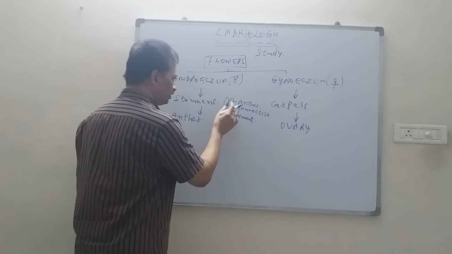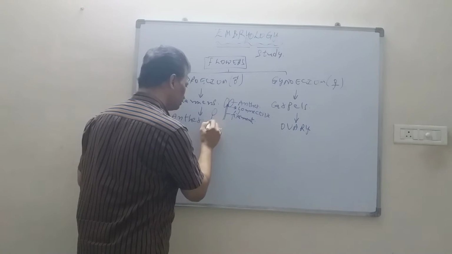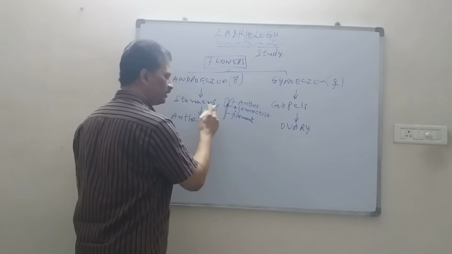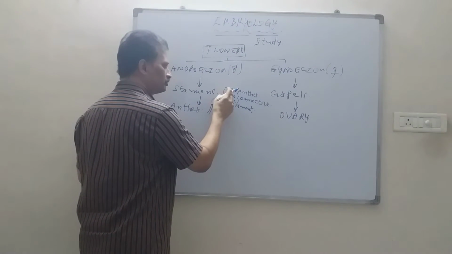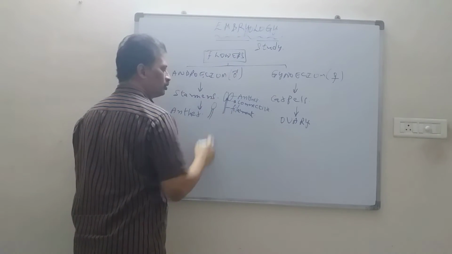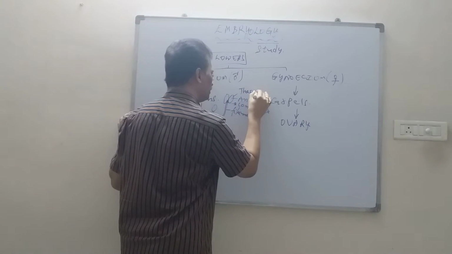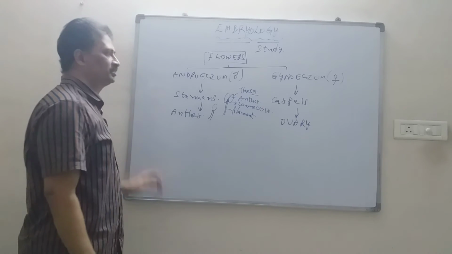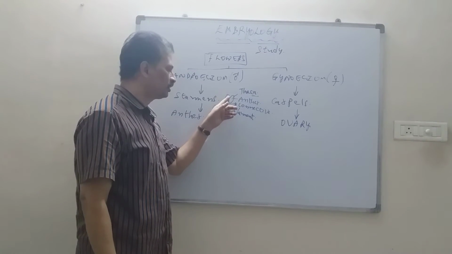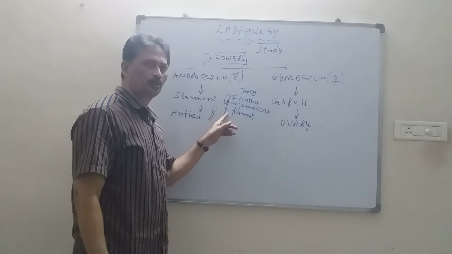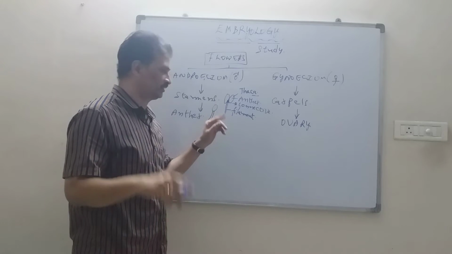If you observe the stamens, they appear like this, or sometimes like this. Can you find any difference between these two diagrams? Here, the anther consists of two lobes, and each lobe is called a theca. Here it consists of two thecae, so this type of anther is called a dithecous anther.